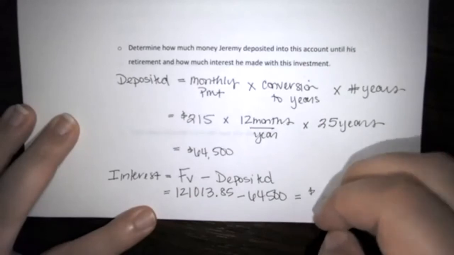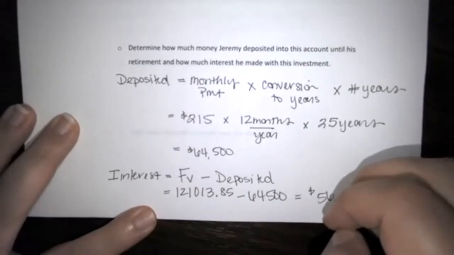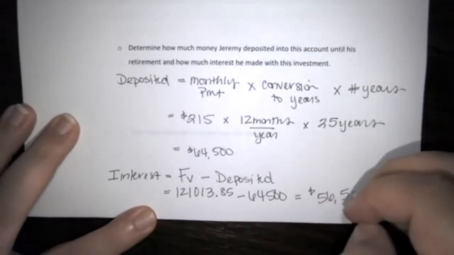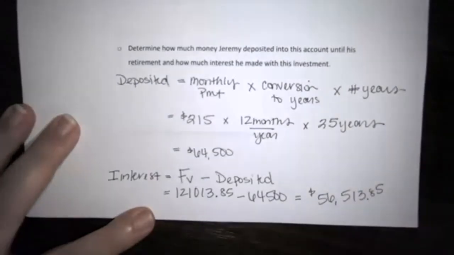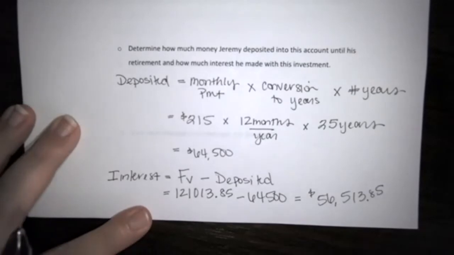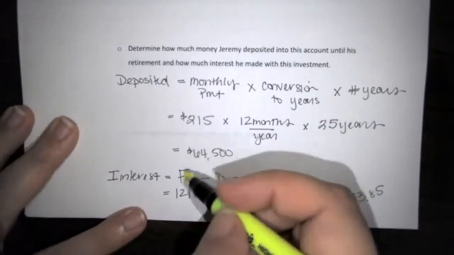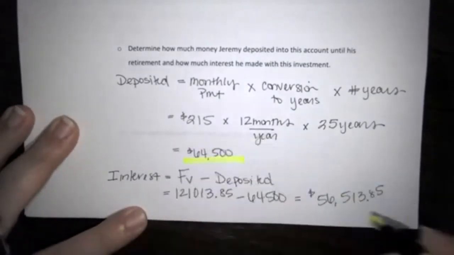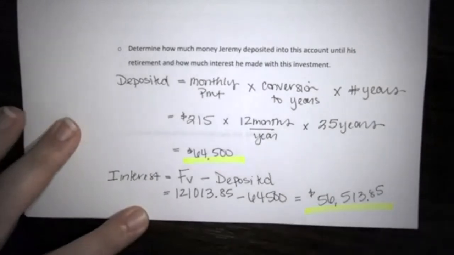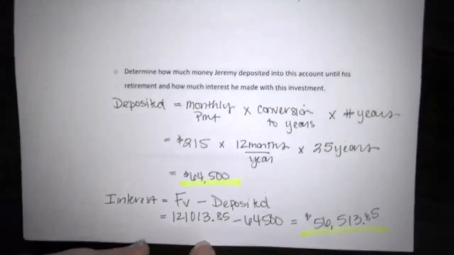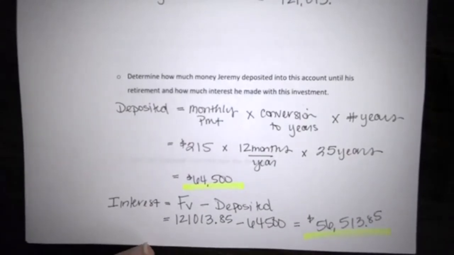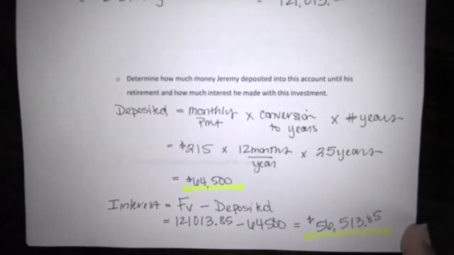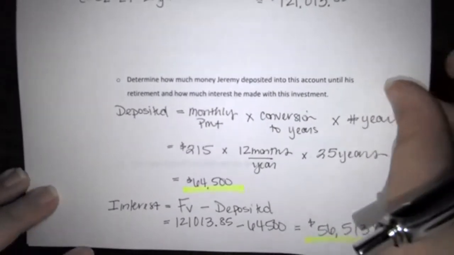And that's going to leave me with $56,513.85 in interest. So again, this part was a two-part question. So this was your first answer, this is your second answer. So you need to make sure if you have a two-part question that you are providing both of the answers that are required for that problem. Okay.